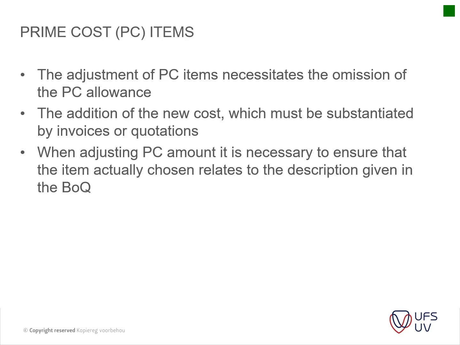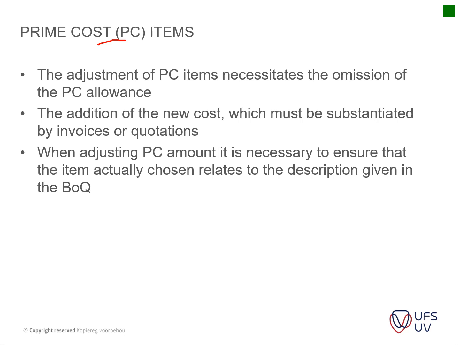Okay, so then we get to prime cost items. Prime cost items are items that are included in the BOQ, which at tender stage there hasn't been a design yet. So the adjustment of the prime cost items necessitates the omission of the prime cost allowance.